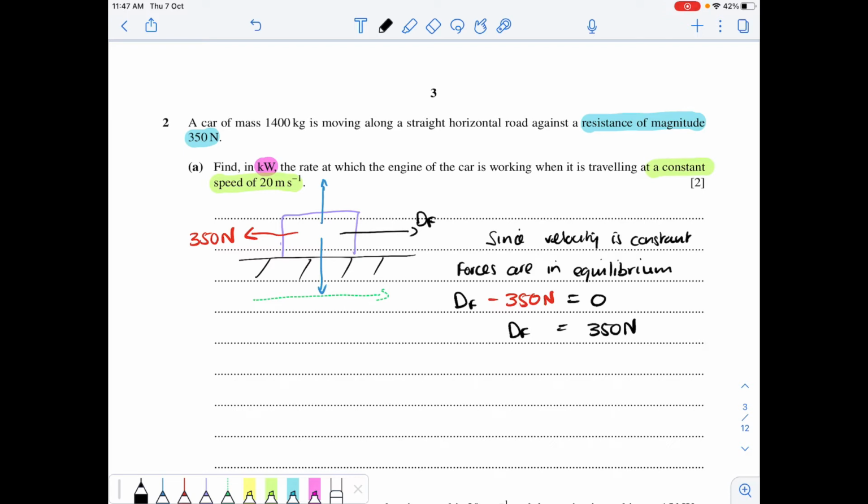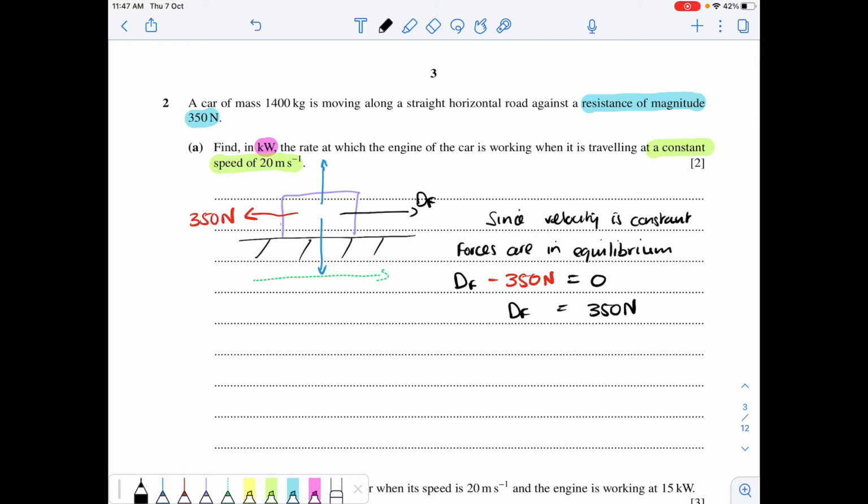Now that we have the driving force, we're able to calculate the power of the car. Remember, power is equal to force, and this force is not net force. It's the driving force. It's not like Newton's second law, force equals mass times acceleration, that's net force.